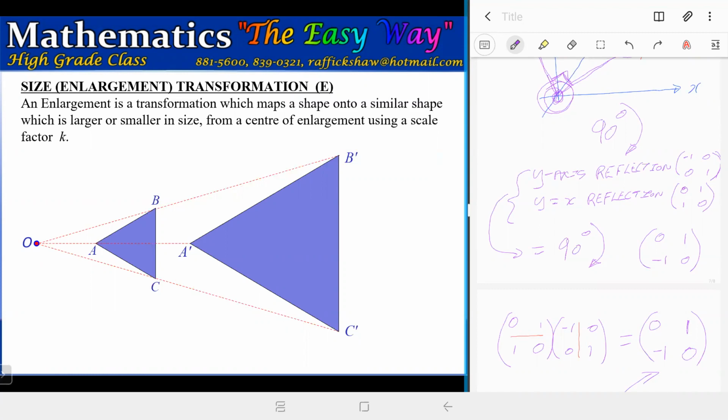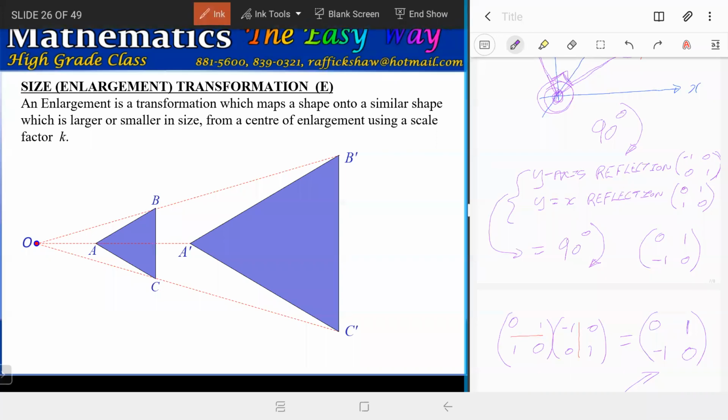All right. So O will be the center of my enlargement, and then I want the scale factor. Remember, it would be AB times some factor K equals A prime B prime. So we can set it up: AB times some factor K equals A prime B prime.